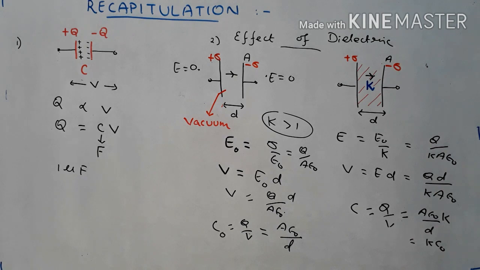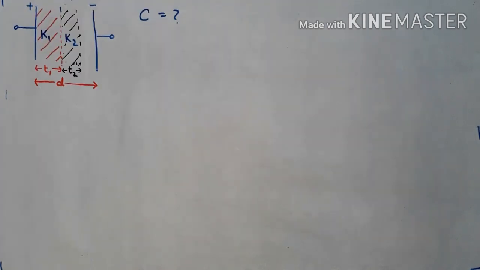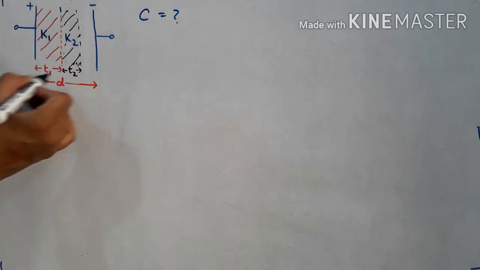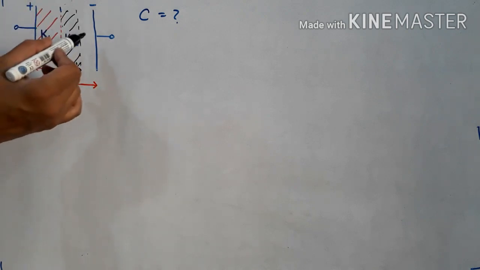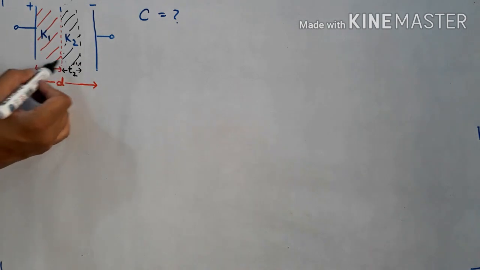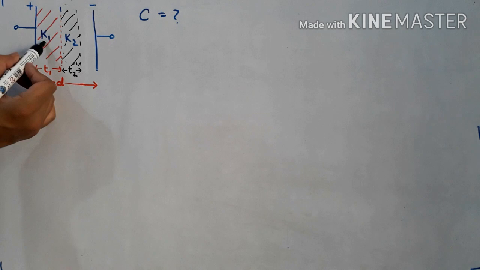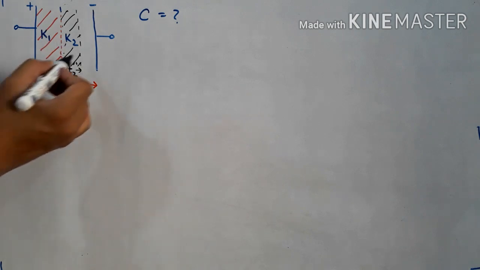Having summarized this much, we will proceed to some more details regarding this capacitor. Let's see one by one. This is a capacitor. The separation between the plates is d. In this capacitor, there are two dielectrics of thickness t1 and t2 and dielectric constants K1 and K2, and this is vacuum.